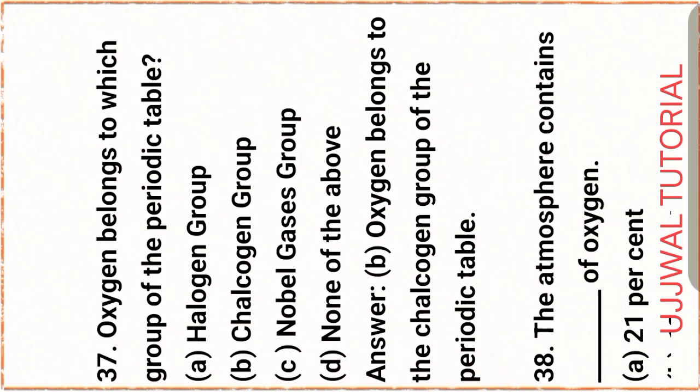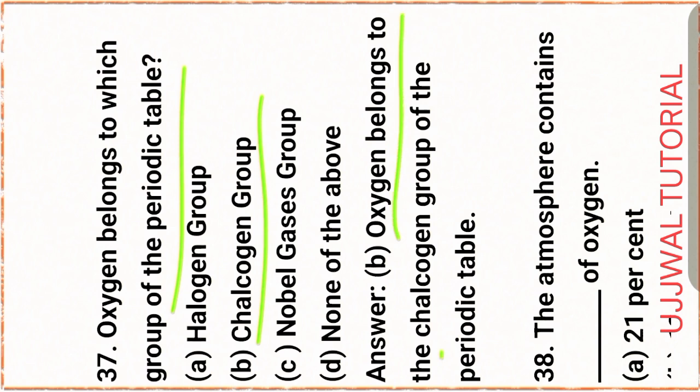Oxygen belongs to which group of the periodic table? Option B, chalcogen family, also called oxygen family. Oxygen belongs to the chalcogen group of the periodic table.